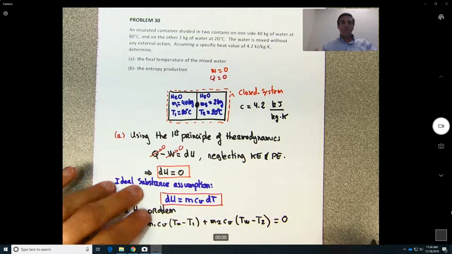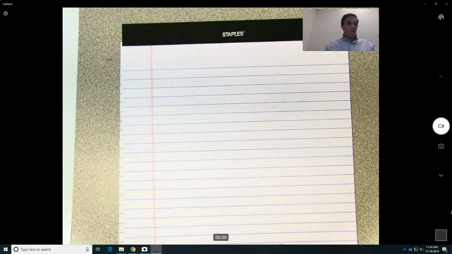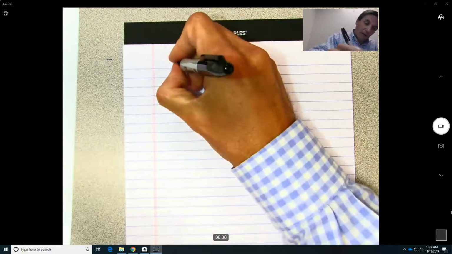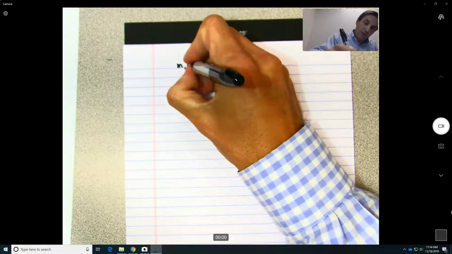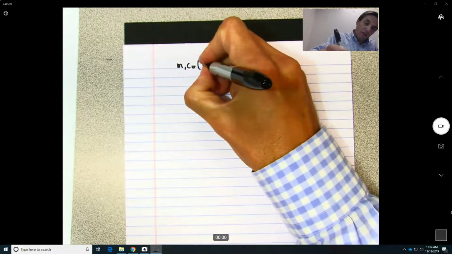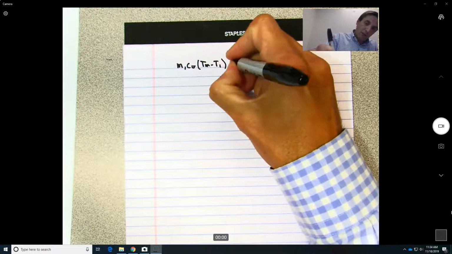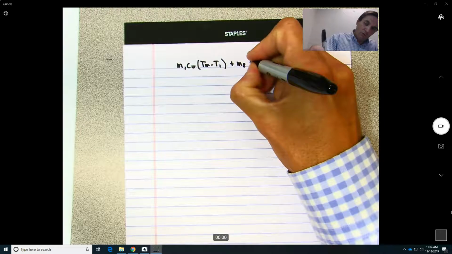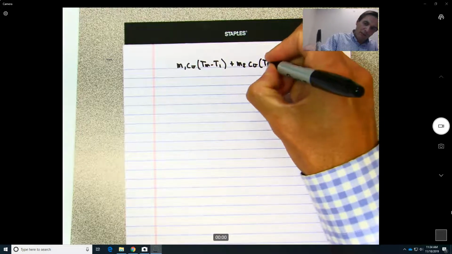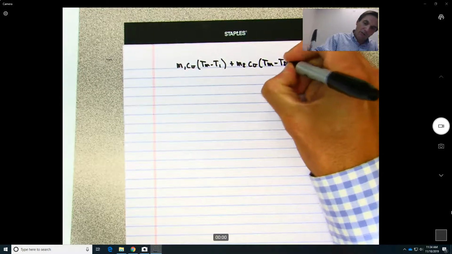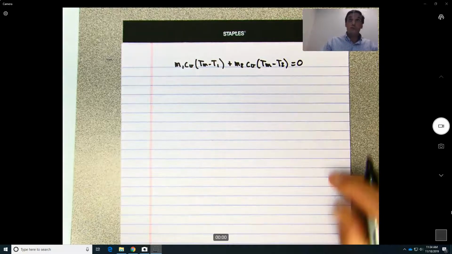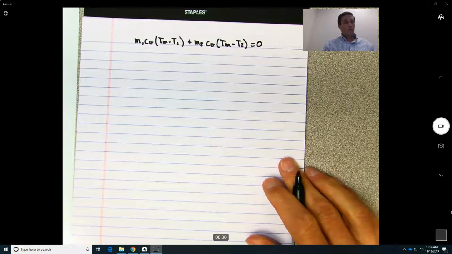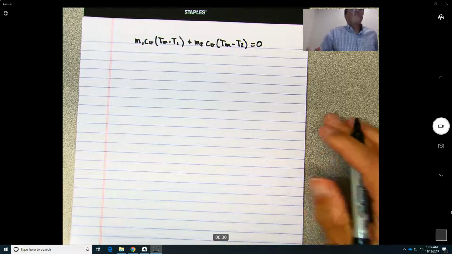Okay? So I need to go to the next page. So let me just rewrite that equation very quick. We have M1 Cv (T mix minus T1) plus M2 Cv (T mix minus T2) equal to 0. So now we just need to do some basic algebra.